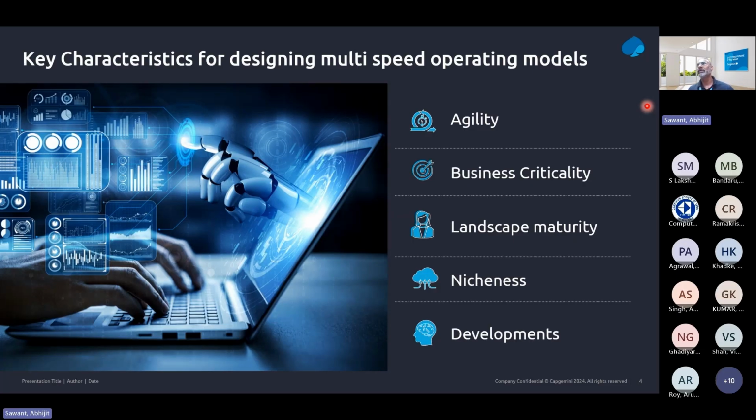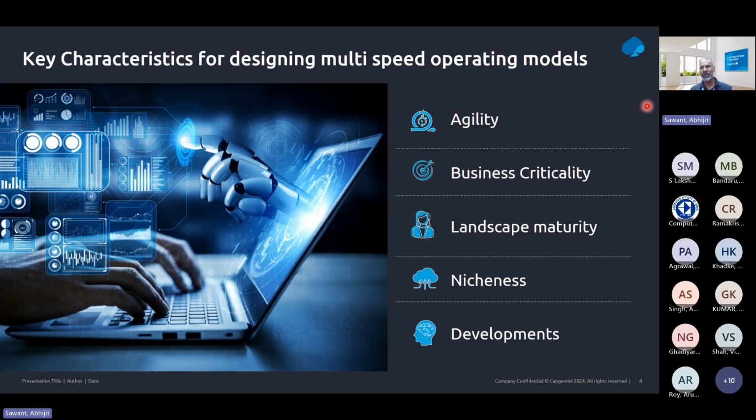And of course, these are all going to be applicable where customers intend to move to agile ways of working, or they have already moved into or matured enough in the agile ways of working. So these operating models, the multi-speed operating models that we are going to talk about from now on, are going to be applicable in those landscapes only.